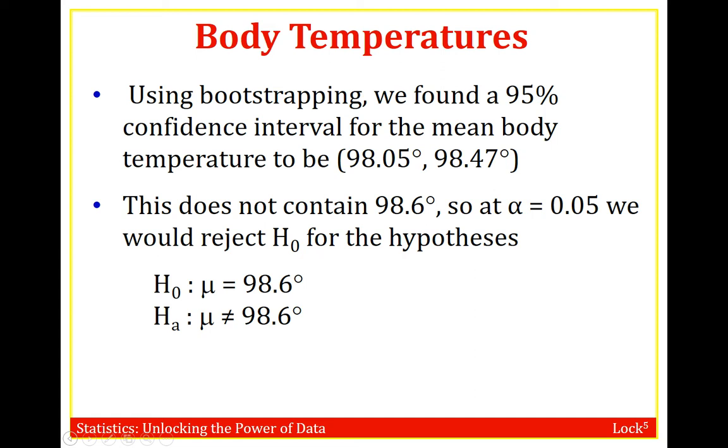So when we used our data from our bootstrap, we determined that the low value and the high value for the 95% CI, remember, confidence interval level, we found it to be somewhere between 98.05 and 98.47. What you don't see in there is 98.6. So at an alpha level of 0.05 or a 5% alpha, we would reject H of O.